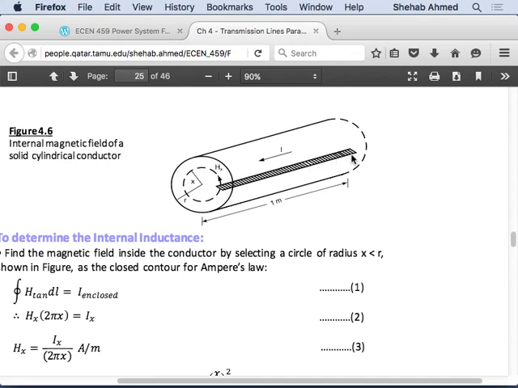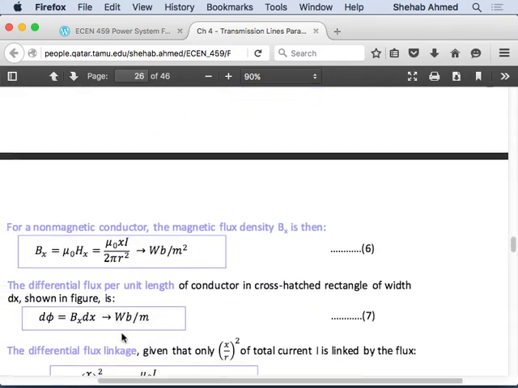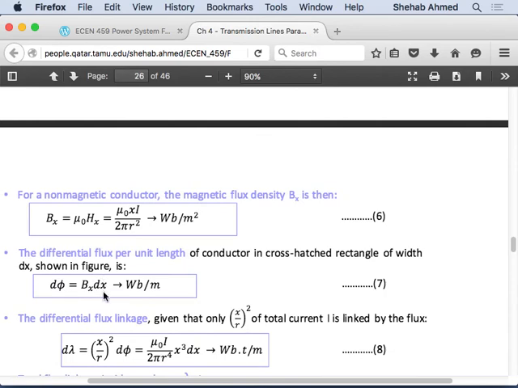The length is 1, that's why I have here a dx, and I don't have something else. So this is an area really, right? I calculated the magnetic field density at a certain point x away from the center of the conductor, and I would like to calculate the total number of flux lines passing through that area.